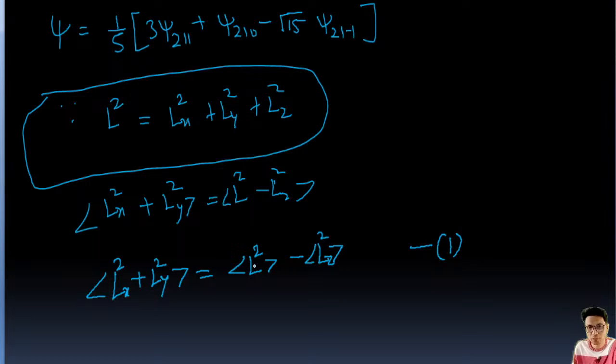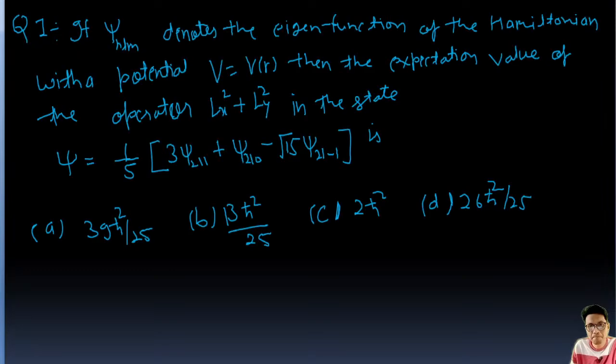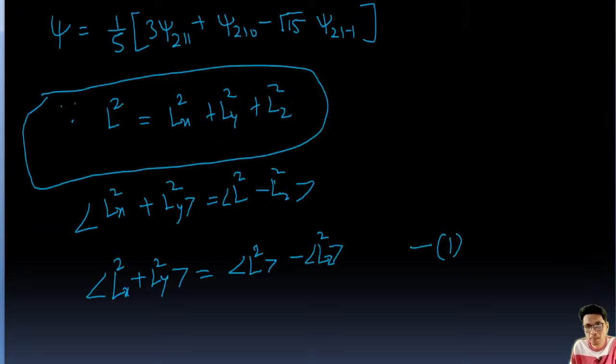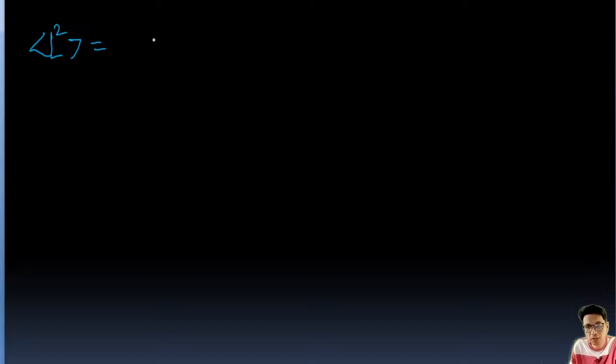Well, now we'll solve. What we are going to do is find the expectation value of L square and Lz square respectively. First we get the expectation value of L square. It is going to be psi L square psi, right?